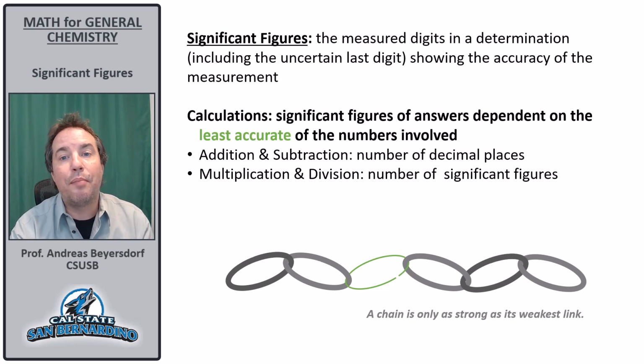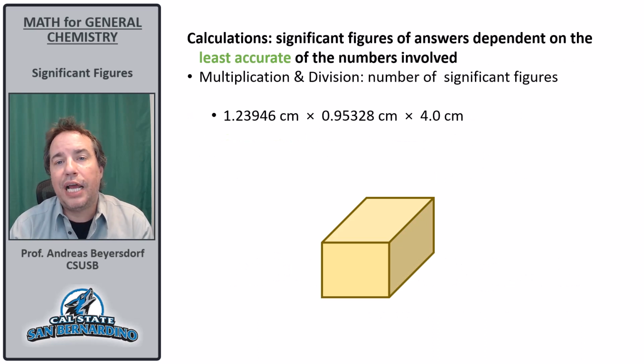Now let's look at multiplication and division. In multiplication and division, it's actually easier. In multiplication and division, we look instead at the number of significant figures in all the values that we use. So let's say we had 1.23946 centimeters, and we want to multiply that by 0.95328 centimeters, and multiply by 4.0 centimeters.